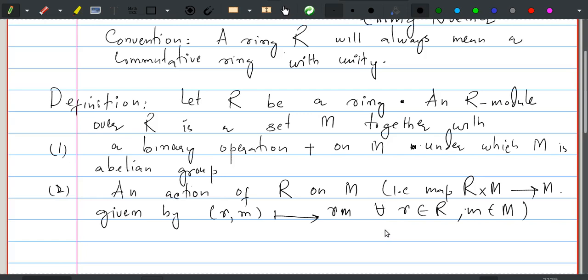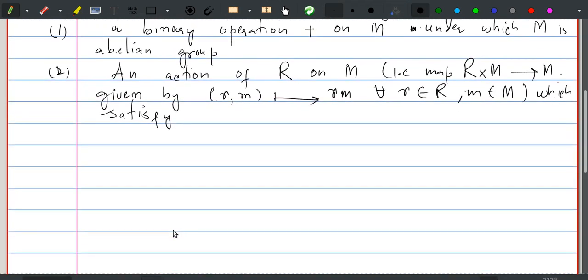This action has to satisfy a few conditions. The first condition is that the addition in the ring R, so if we have elements, say r1 and r2 in the ring R, this is the addition in the ring R. This addition must be compatible with this multiplication here.